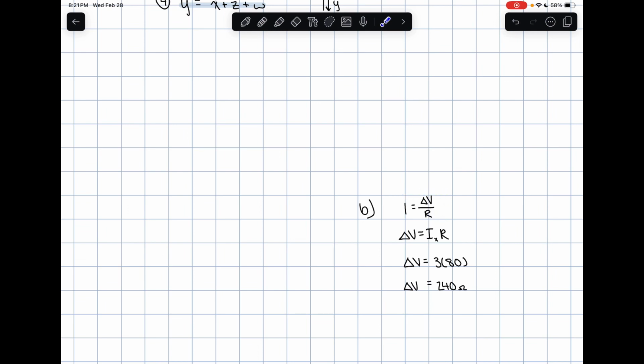I equals change in V over R, where we're going to isolate the change in V. We're going to use I sub X in this case, or the X current, times the known resistance. We can plug in 3, which we found in the prior problem, and 80, which is given to us, to get that the change in V equals 240 volts.